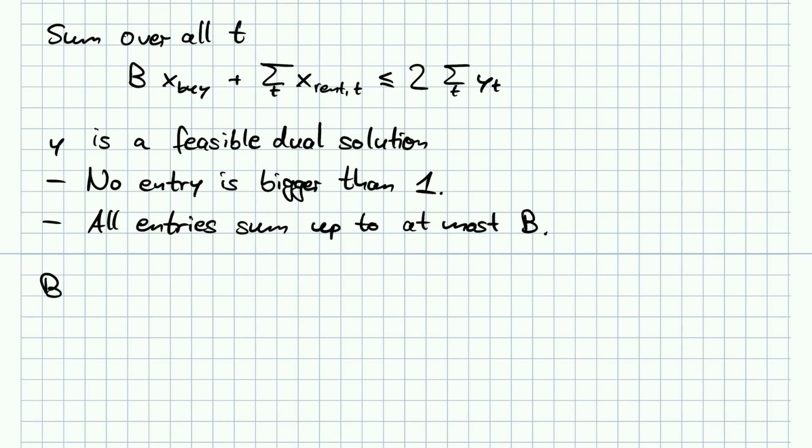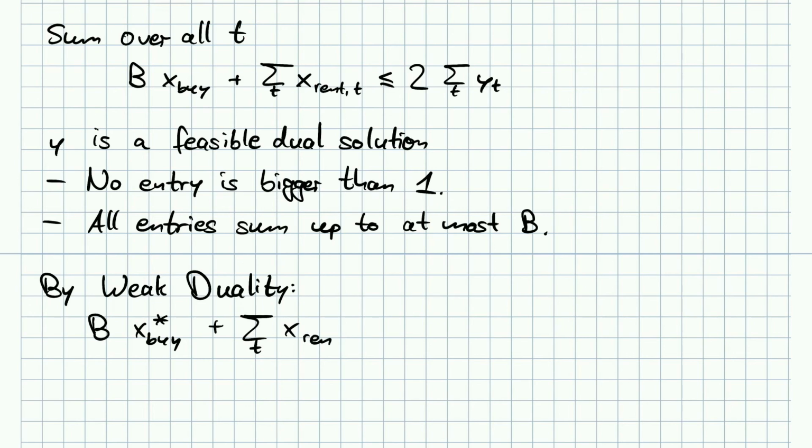And if we now apply weak duality, this tells us that for any feasible solution to the primal, this objective function value will be at least what we have for the dual solution.